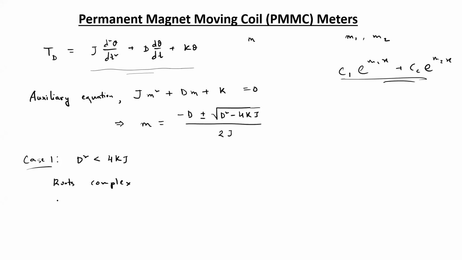As they are complex, the condition that you are going to obtain is going to be an underdamped condition. And if it is an underdamped condition, there would be some amount of oscillation in the motion of the pointer before it reaches the steady state condition.